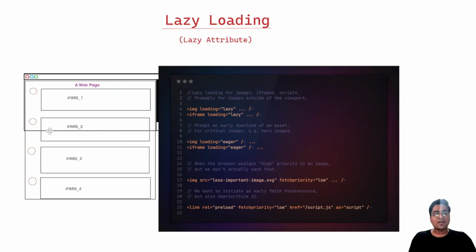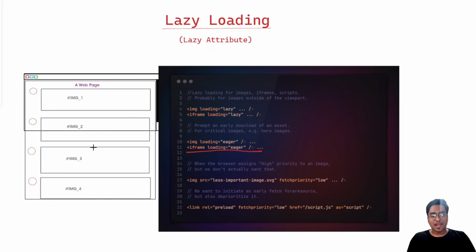In that case, you want to load your hero images or hero assets on an eager basis. As the name says, eager: I am very eager, I am hungry, just give it to me as soon as possible, but don't halt the rendering of my web page. In that case, you can definitely use loading eager.